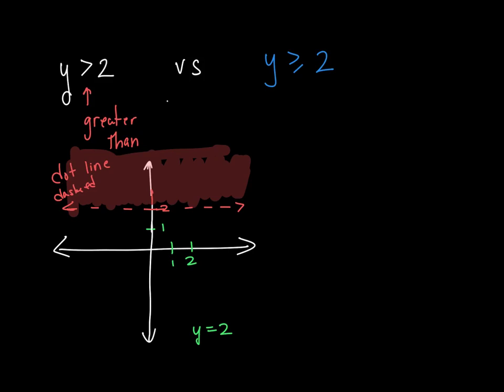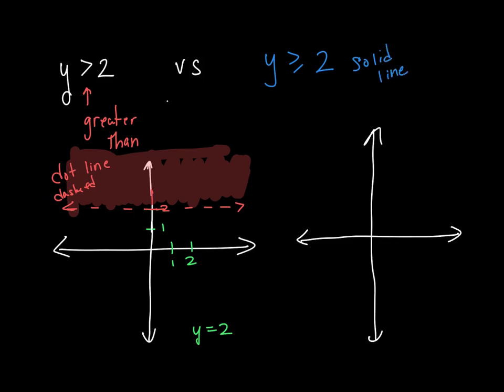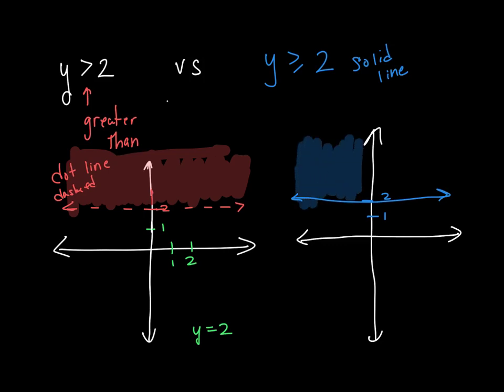And the difference between the greater than and the greater than or equal to is just the fact that the greater than or equal to uses a solid line. It's still up here at 2. And I still shade up.